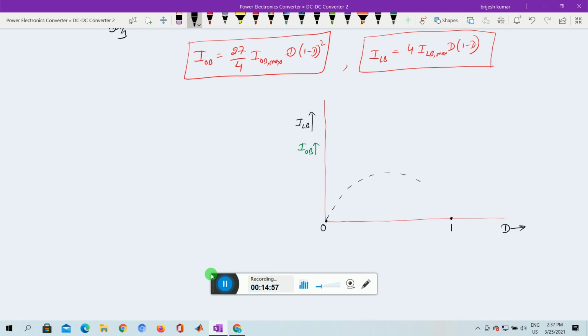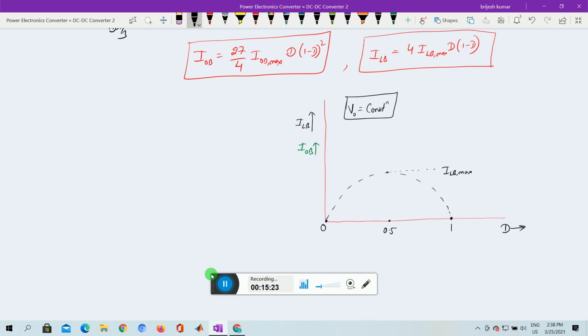At D equal to 0.5 it is maximum, and that value is ILB max. This is all done with the assumption that V0 is constant.